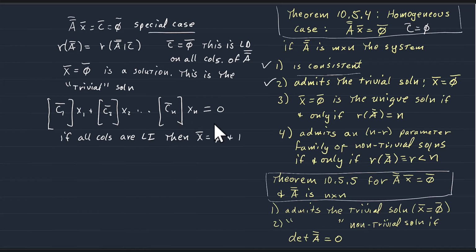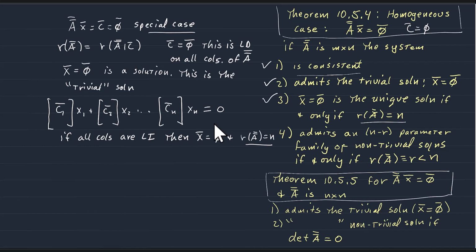And we also know that the rank of A is equal to the number of columns. The rank of A is the number of linearly independent columns and rows, so we know the rank of A is equal to n. So x equals 0 is the only solution if that's true.